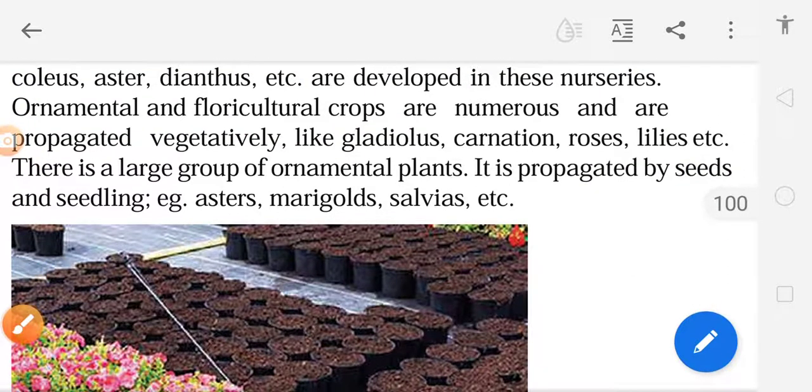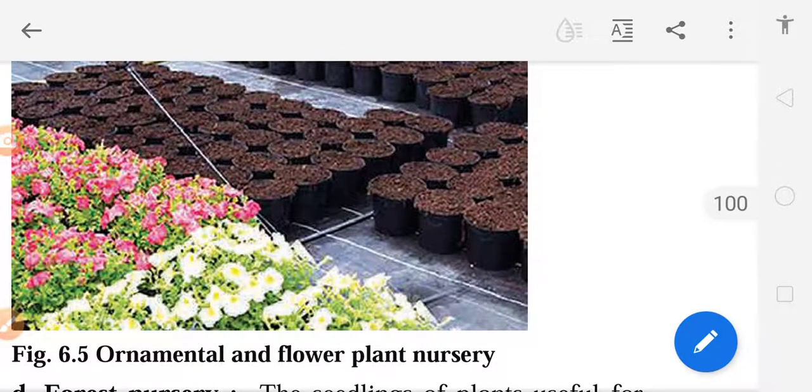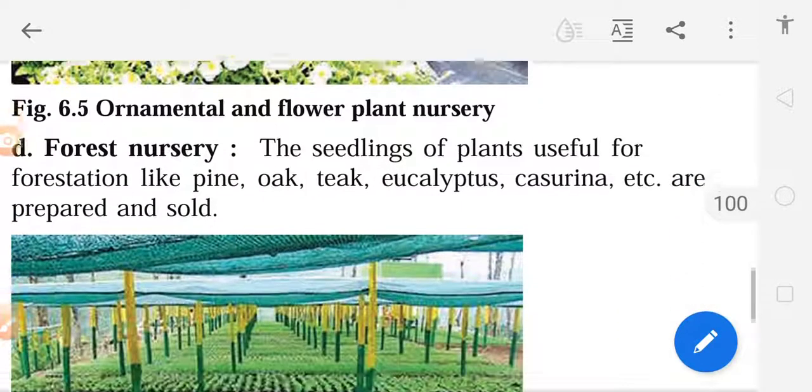In the city areas, there is more demand for floricultural crops. That's why they are to be grown in the nursery. Have a look, this is a flower plant nursery, an ornamental plant nursery. In plastic bags or small pots, these seedlings of flowers are prepared, and they are sold.